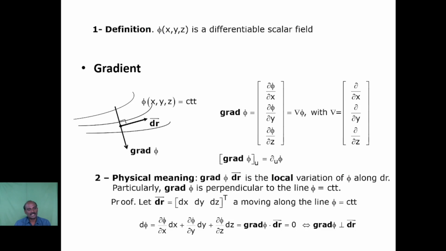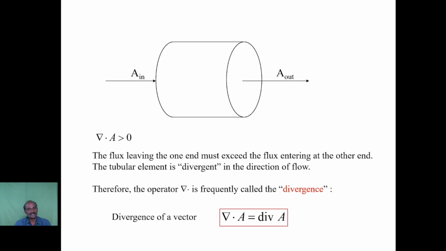Then the definition for gradient. Gradient is nothing but the differentiation of any vector. Differential of any vector is known as the gradient.